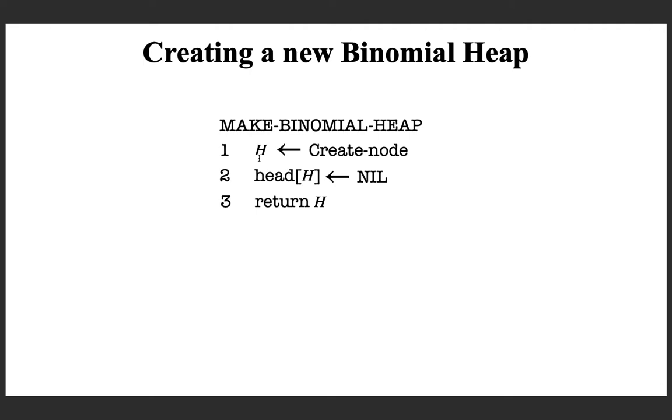So you are just creating a variable, not assigning any value to it. And that variable is a pointer to the node structure, and that's it. And it's not difficult to see that the complexity of this operation is theta of 1 because there are only 3 instructions.